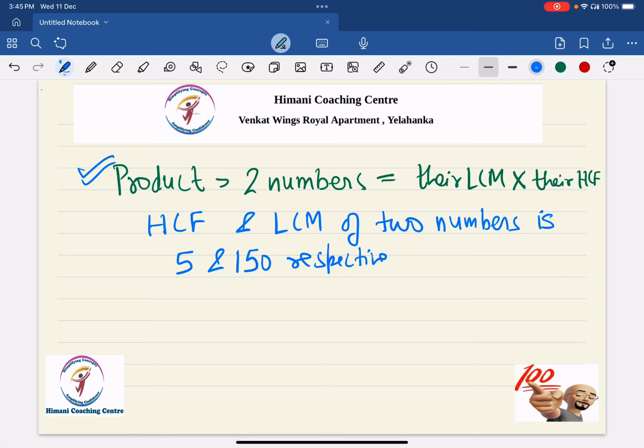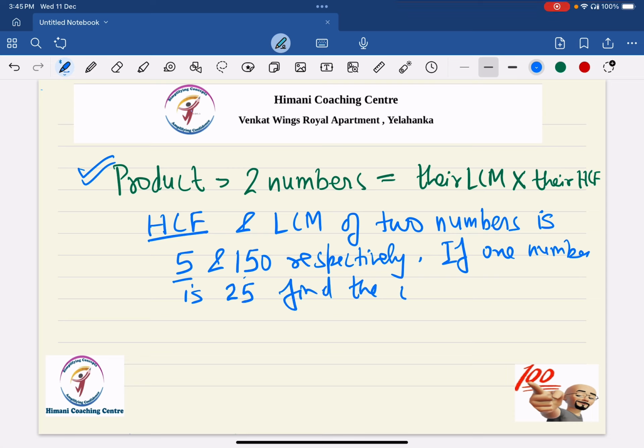Okay, so what does respectively mean? That means HCF is 5 and LCM is 150. Okay, now the question says if one number is 25, find the other number.